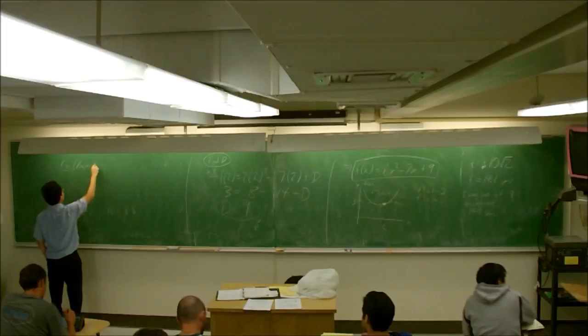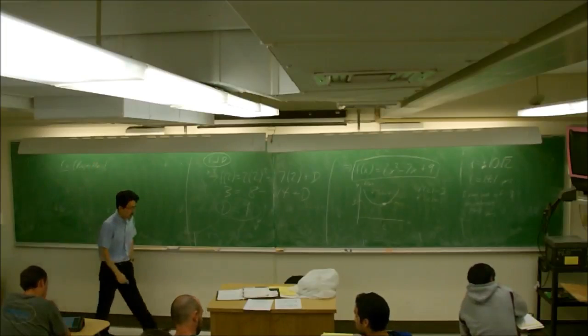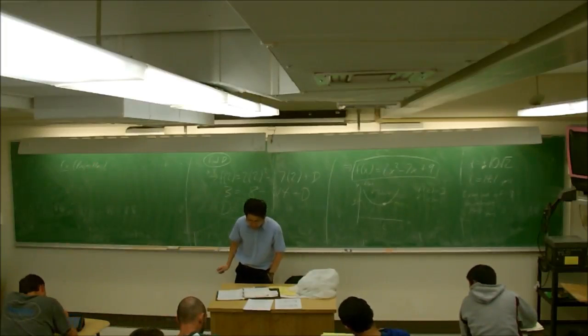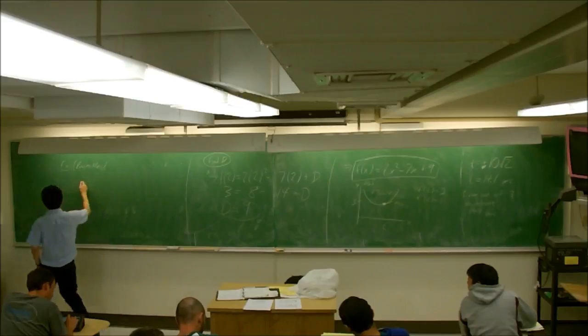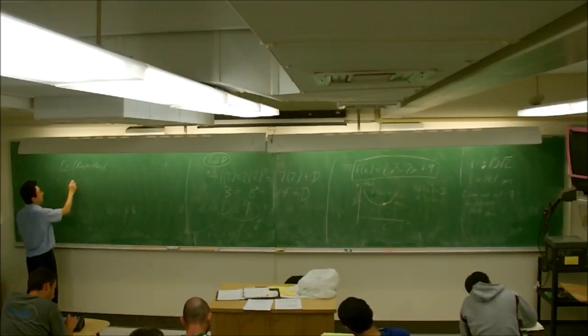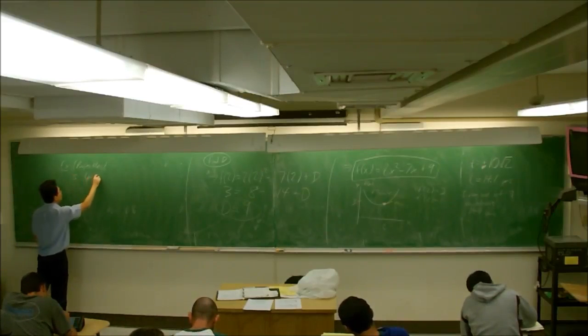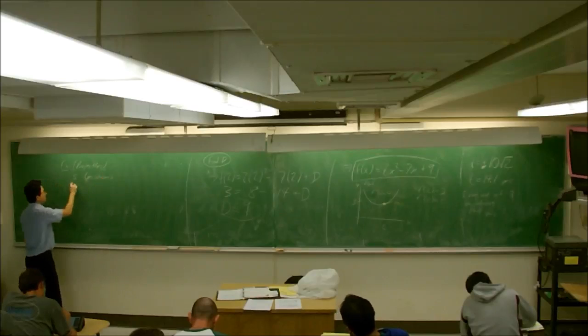Example: projectiles, rectilinear motion. Before, in chapter 4, we talked about this position function, S, for position. Then we took the derivative.